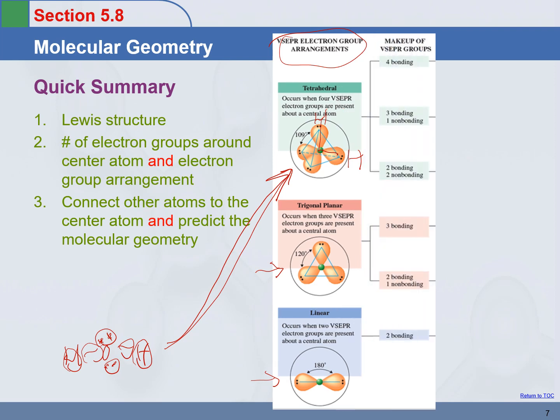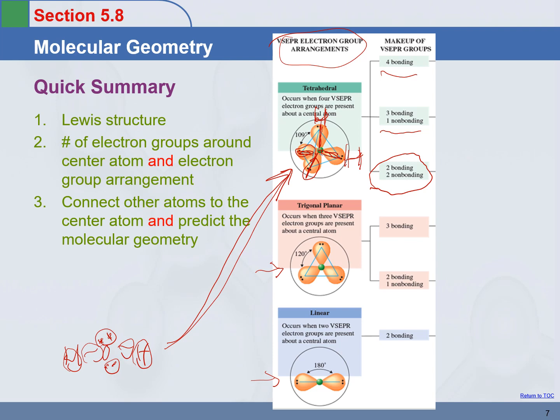In the case of water, I have 2 bonding groups and 2 non-bonding groups. These 2 groups are not bonded. The other 2 groups are bonded, there's hydrogen here. Depending on the molecule, it could have all 4 bonded, or 3 bonded and 1 non-bonding.